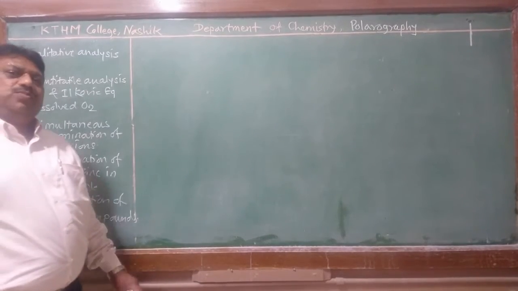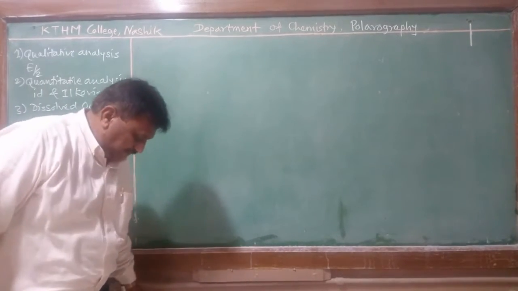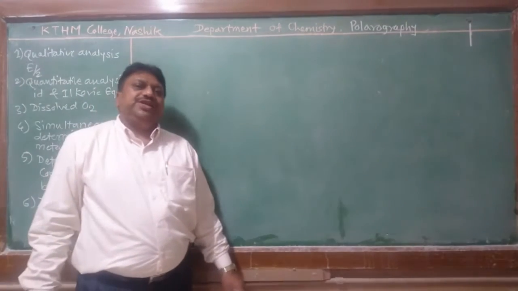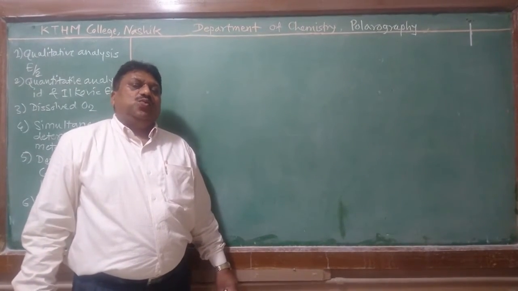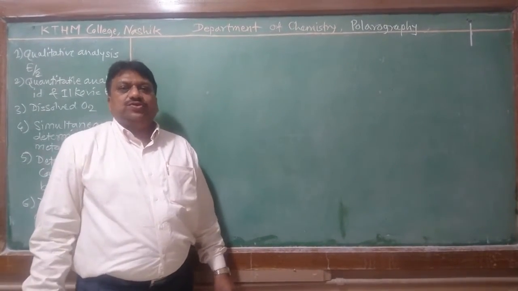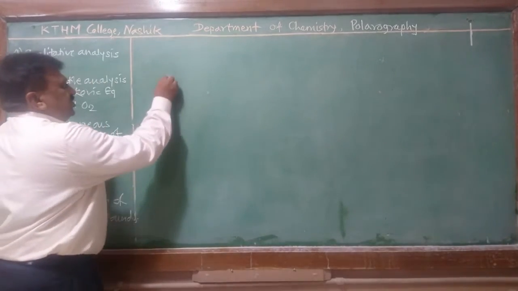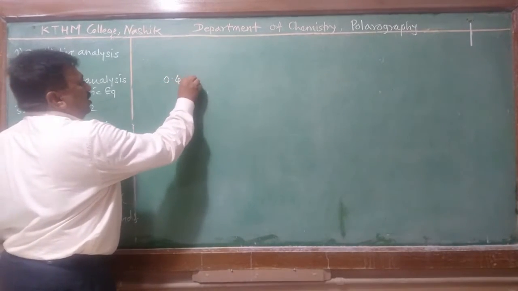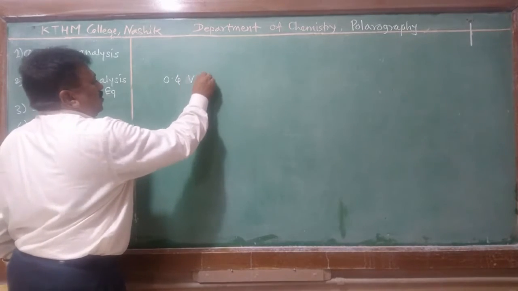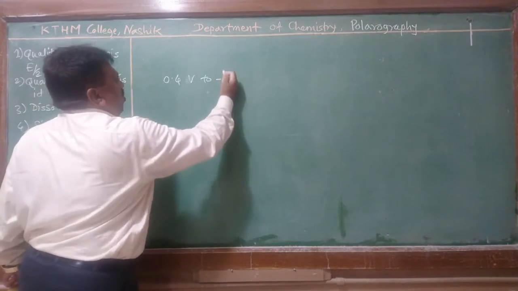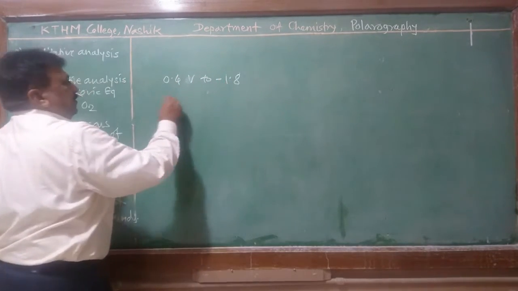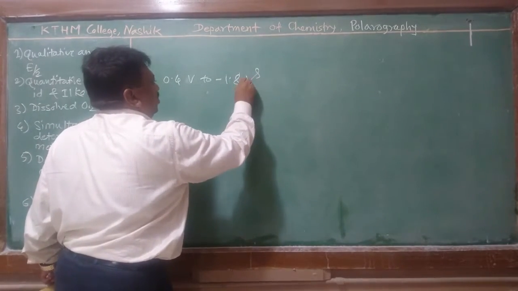We know that polarography is useful for determination of those analytes which are either oxidized or reduced within the potential range 0.4 volt to minus 1.8 volt versus saturated calomel electrode.